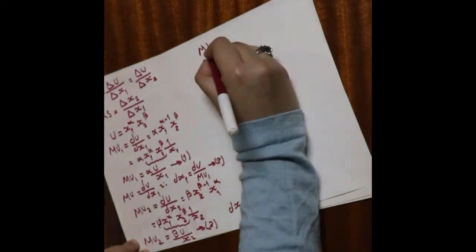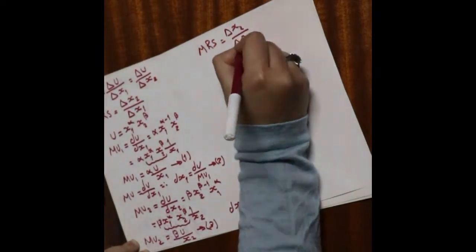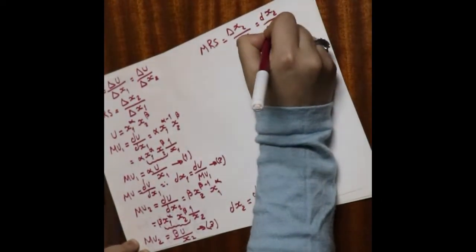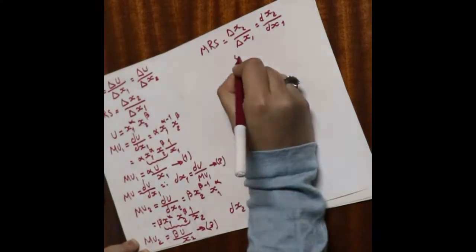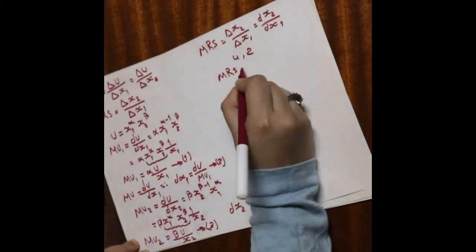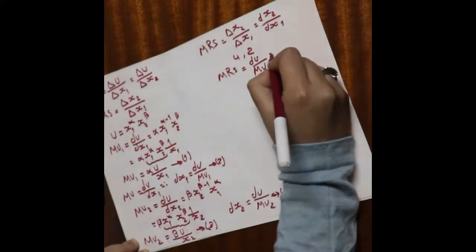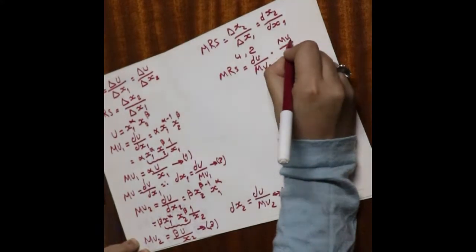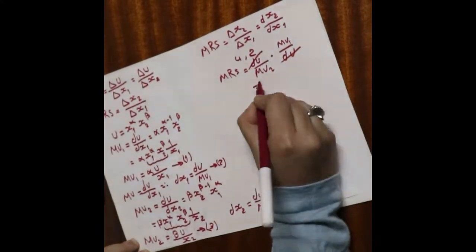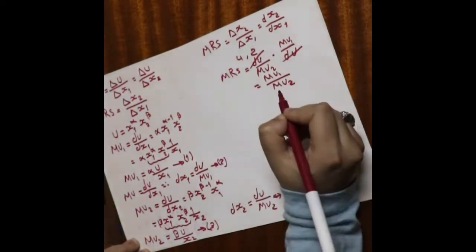MRS equal change in x2 over change in x1 equal delta x2 over delta x1. So from the fourth equation and the second equation, MRS equal delta U over MU2 multiplied by MU1 over delta U. Delta U will be cancelled with delta U, so MRS equal MU1 over MU2.